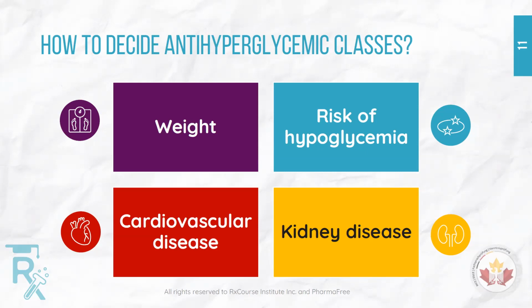This is why we might add it to metformin if the patient has any cardiovascular issue. Also, if the patient has a kidney disease and I need to give him a sulfonylurea, for example, I will avoid glibenclamide because it's contraindicated with kidney dysfunction, and I will give something else like gliclazide. Okay.